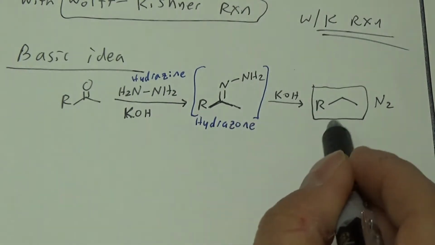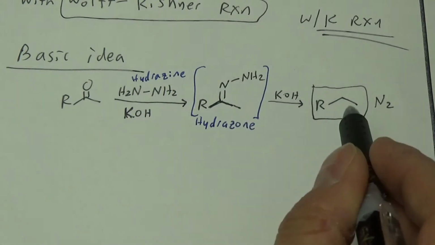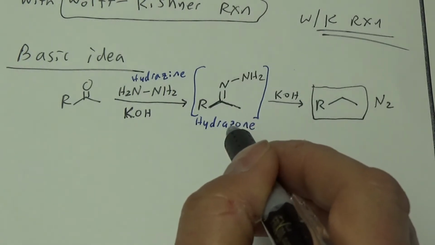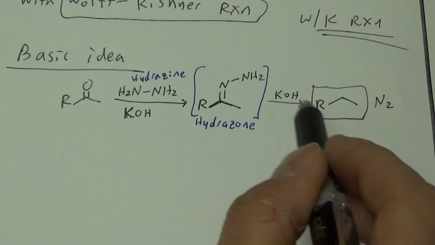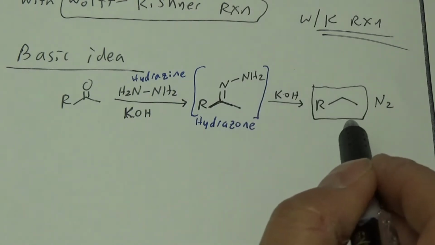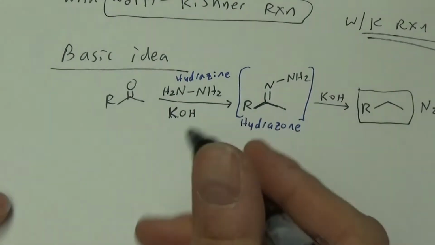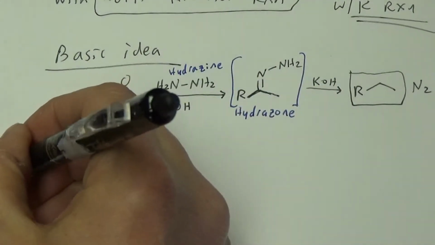Then we've got to show the second mechanism, which you definitely do not know, which is how this hydrazone wipes off the functional group, the hydrazone, to make N2.